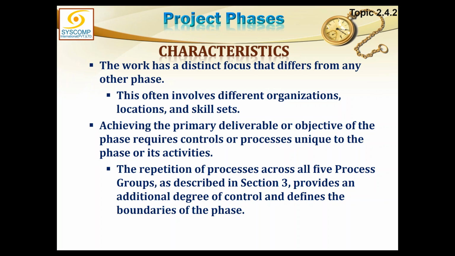The repetition of processes across all 5 process groups provides an additional degree of control and defines the boundaries of the phase. So in every phase, we are applying all the 5 process groups, focusing only on one phase at a time. So we are better equipped to control this phase.